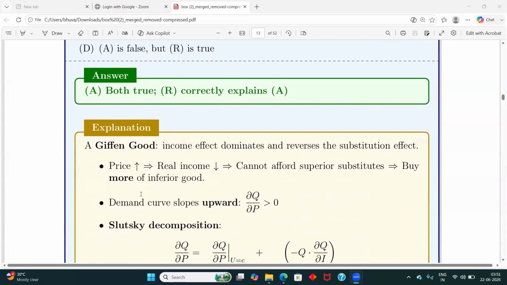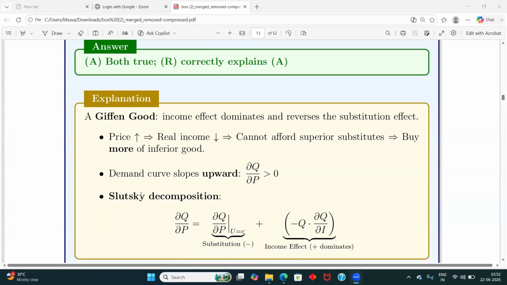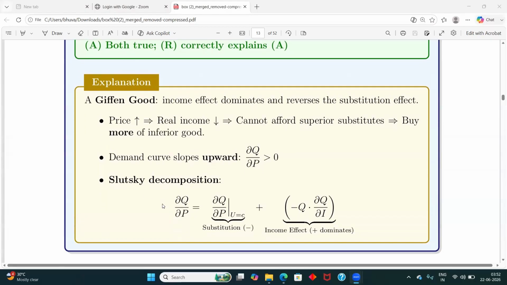The given good is one where the income effect dominates and reverses the substitution effect. When the price increases, real income will decrease, people cannot afford superior substitutes, and buy more of the inferior good. The demand curve slopes upward for the given good, so that change in demand divided by change in price is greater than 0. The Slutsky equation breaks the demand change into two effects, substitution effect and income effect.